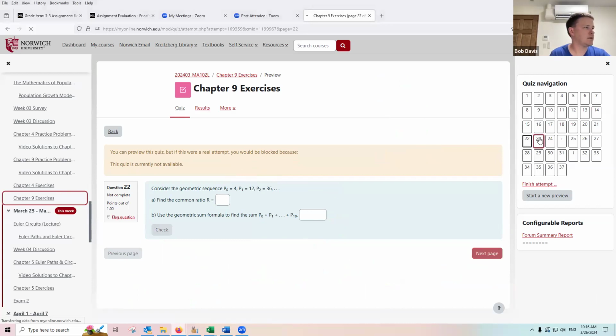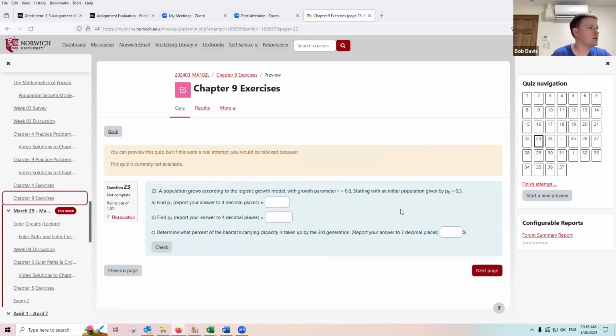All right, so we got that one. So 23. 23 is a new model. It's called logistic. Logistic is something where a quantity is growing, but it might reach a capacity. Let me give you an example.